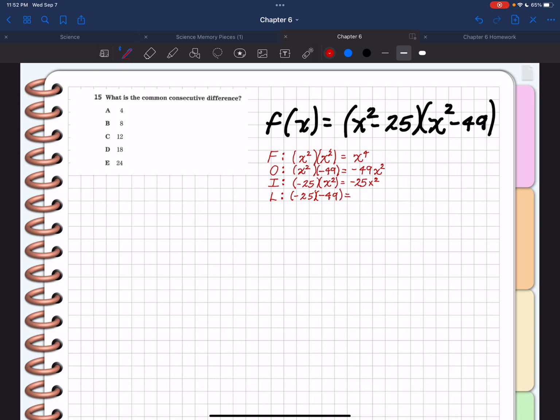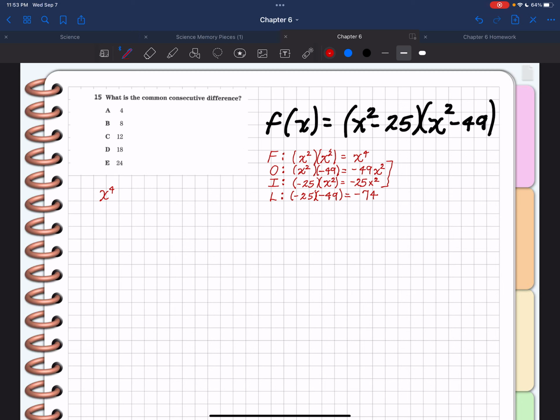And let me see what that is on my calculator. 25 and 49 is negative 74. So the new equation that I'm going to work with is x to the fourth. And then we'll combine these two. They're both x squared terms.